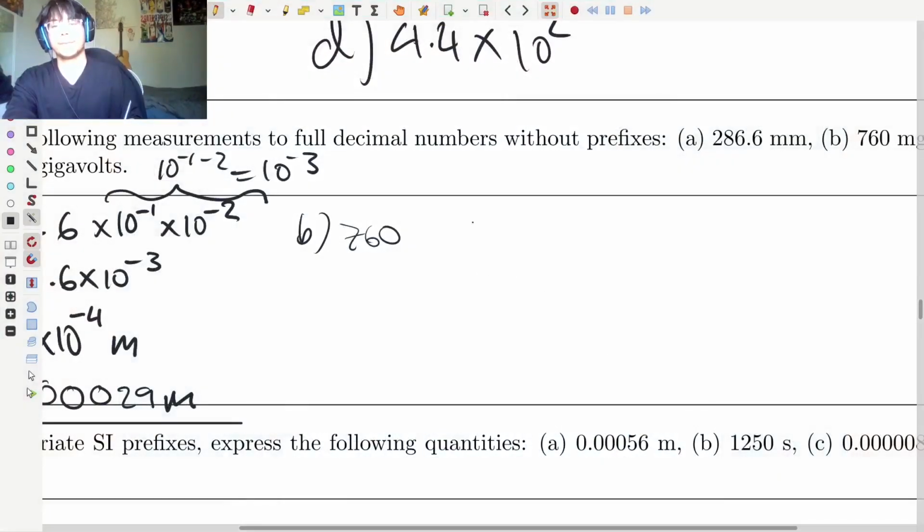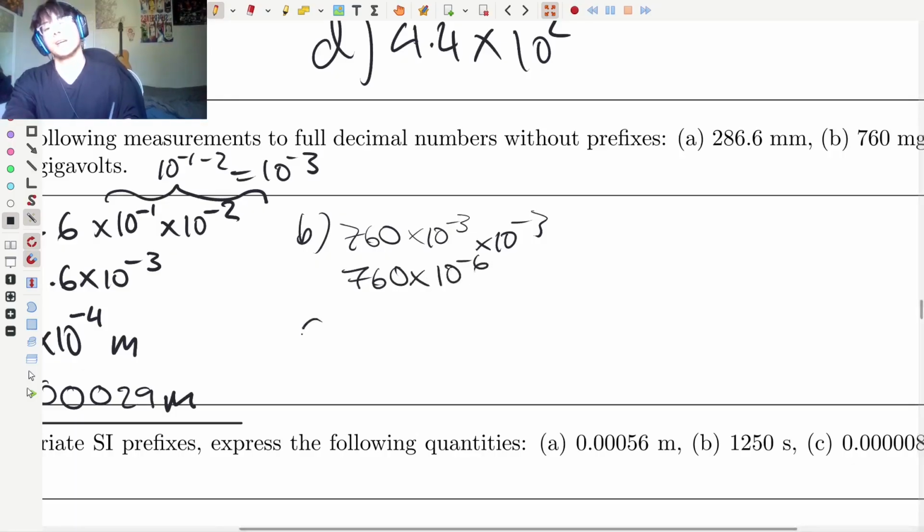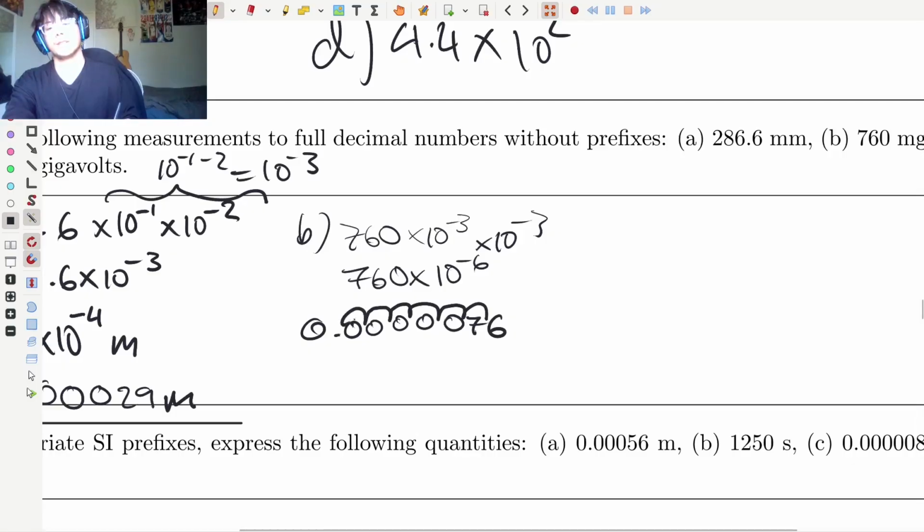So all we have to do is do this, 10 to the minus 3, and then we have grams, and we know that there is 1,000 grams in a kilogram, so we just do another 10 to the minus 3, so then this becomes 760 times 10 to the minus 6, so then we have to do 0.000000, 1, 2, 3, 4, 5, 6. So kilograms.